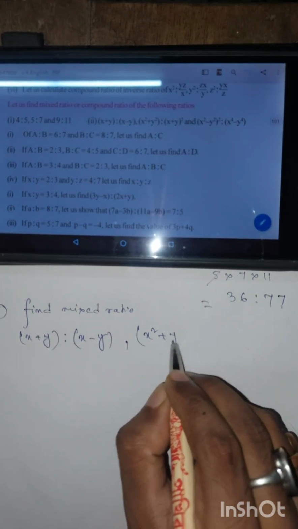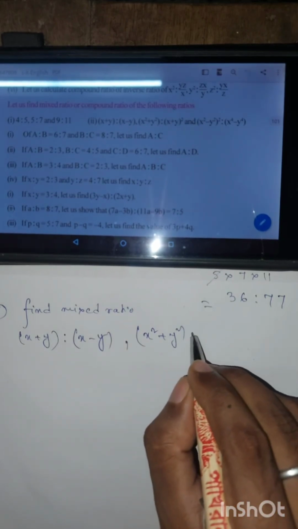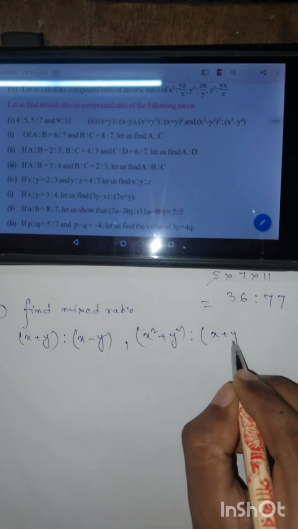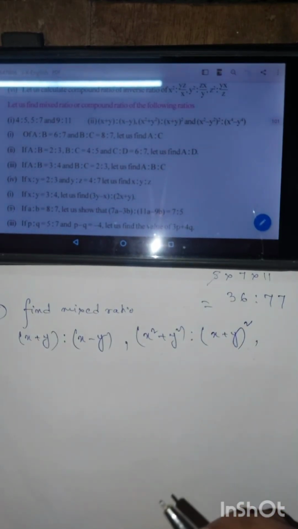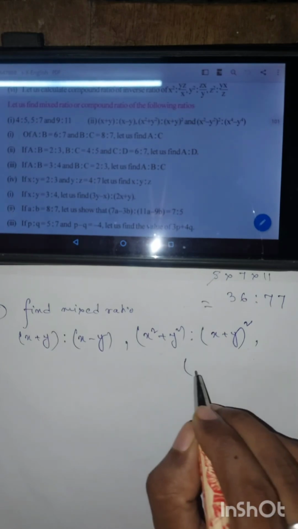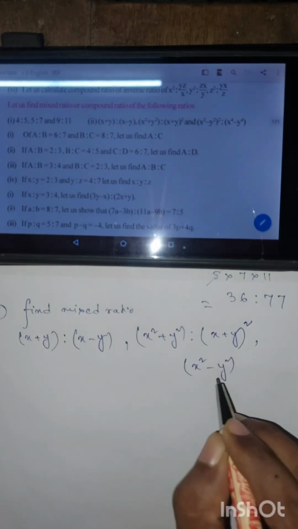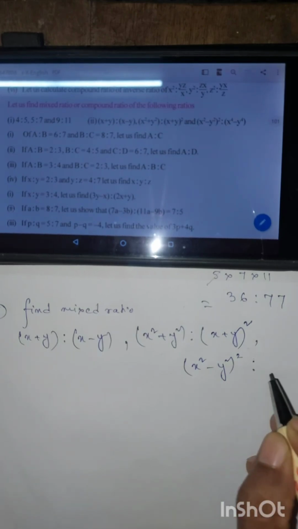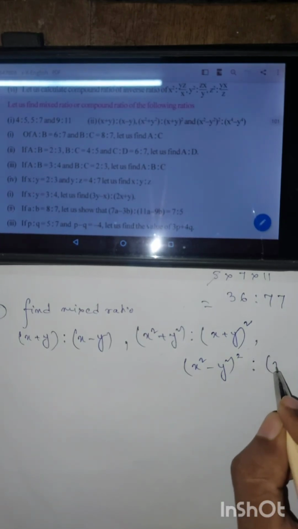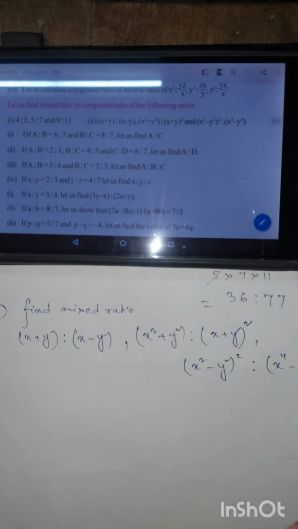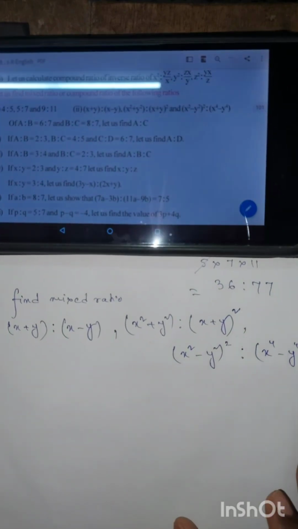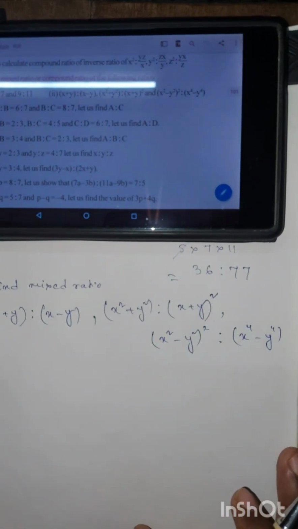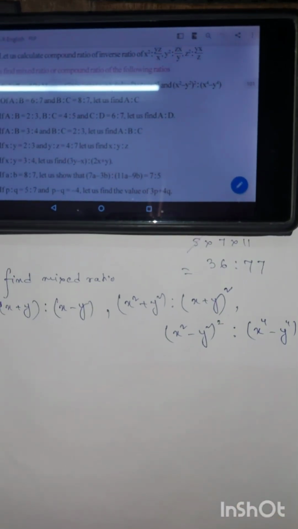The second ratio is, and the third ratio is, so I have written three ratios. Now I am going to find out the mixed ratio.